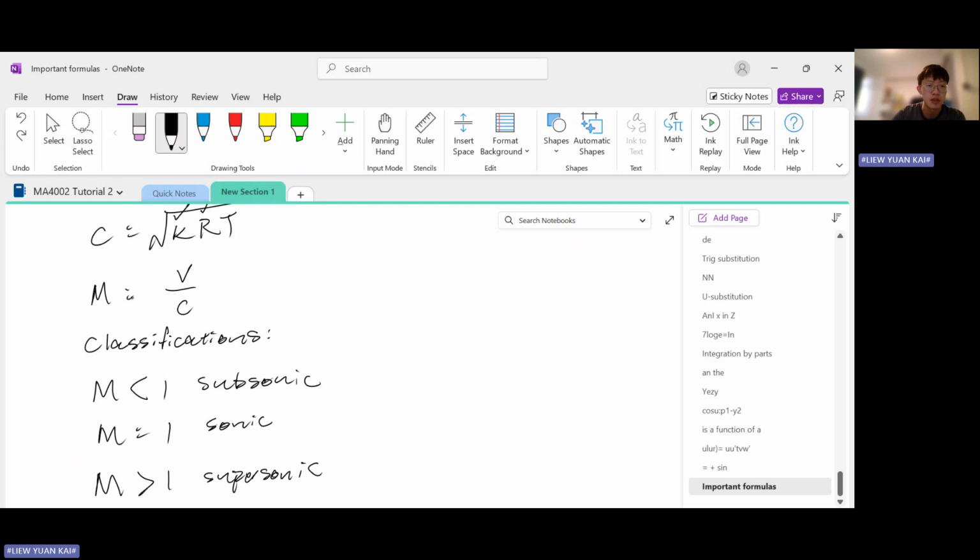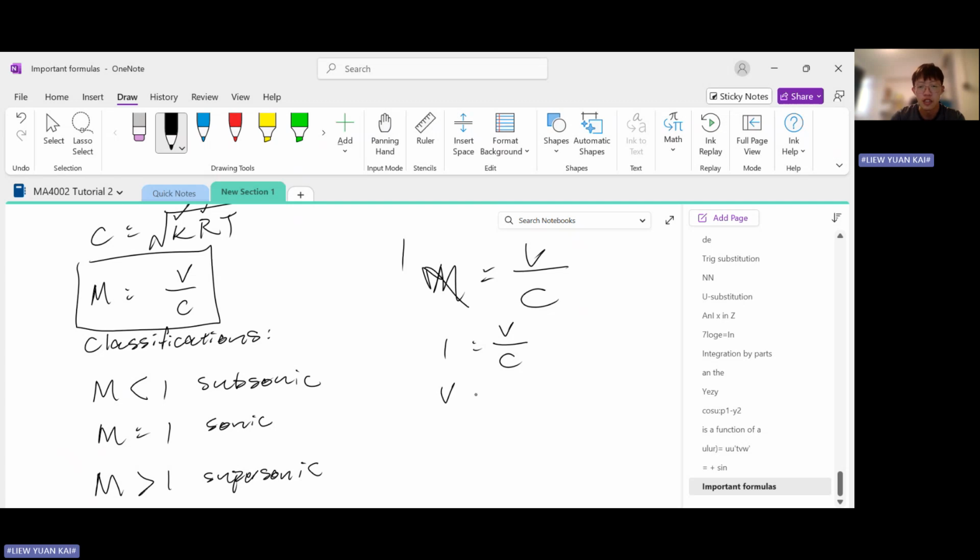Now let's take a look at what happens at M equals 1 using this formula. Let's write down the formula and replace M with 1. This is the sonic condition. When M is 1, I move c to the other side, and I get V equals c. What does this mean? This means that the velocity of the gas is equal to the speed of sound.